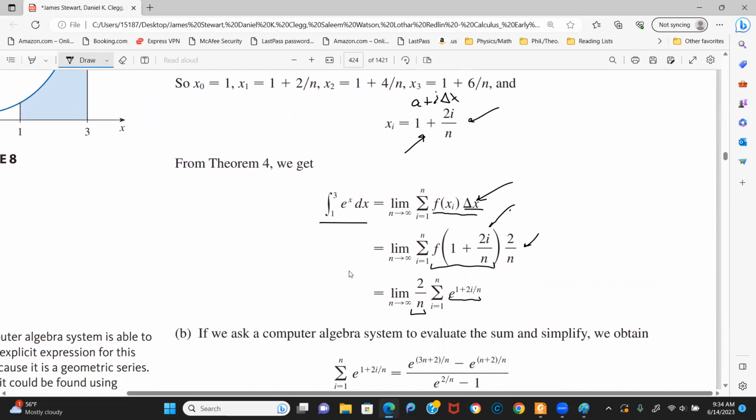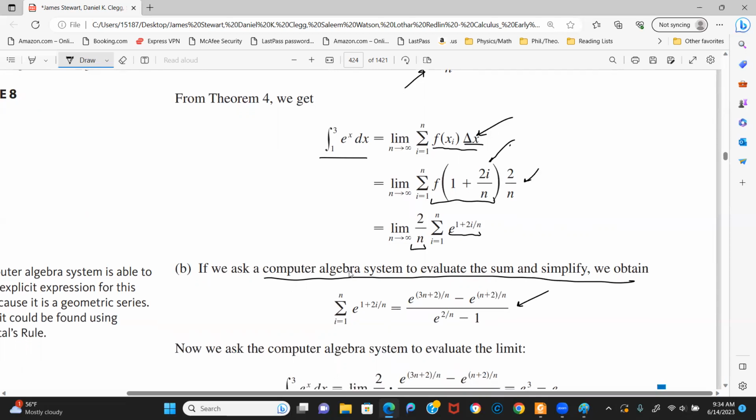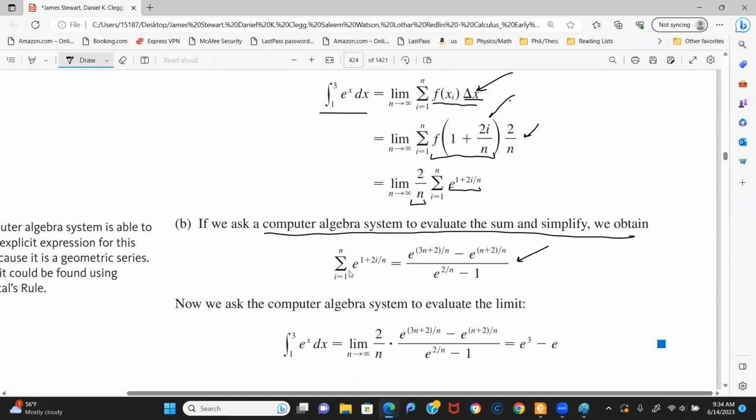So this is looking really awful. And now you can't even do anything with this. You have to ask your computer algebra system to simplify this, or compute this sum, I should say, to evaluate the sum and simplify. And now you have to take the limit of this thing times the 2 over n.